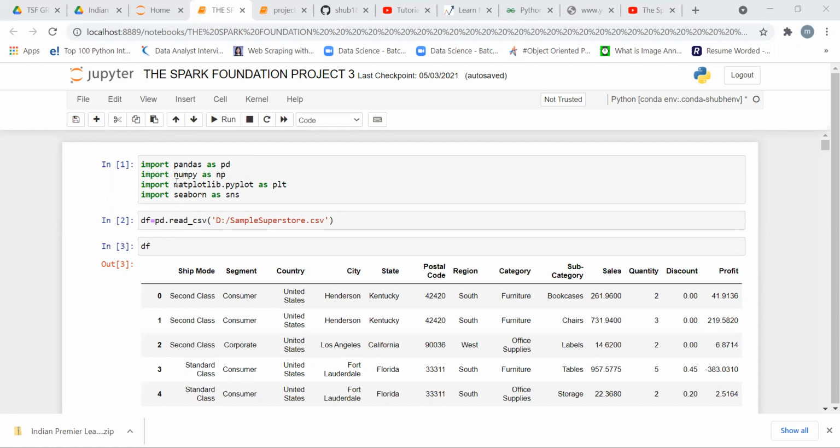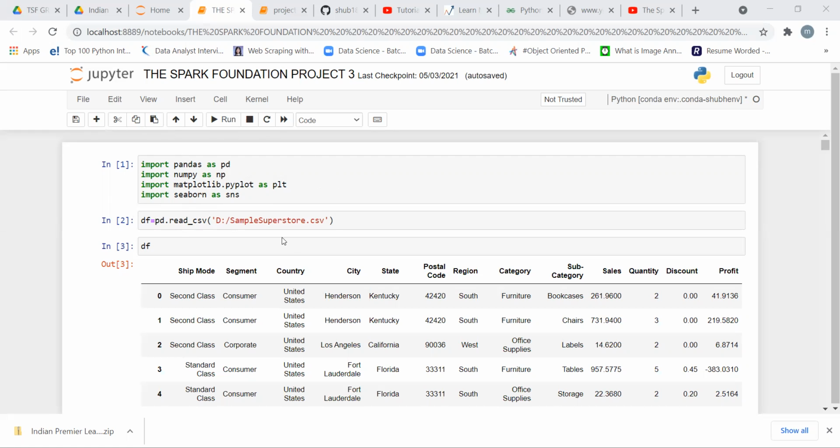Another library is NumPy, which is used to perform array operation functions. The Matplotlib library is used for graphical representation of a data set in a meaningful way. Another library we use is Seaborn, which is an extension of the Matplotlib library.